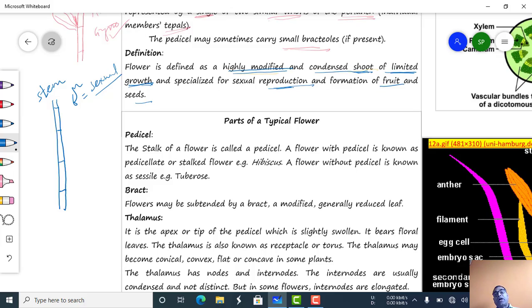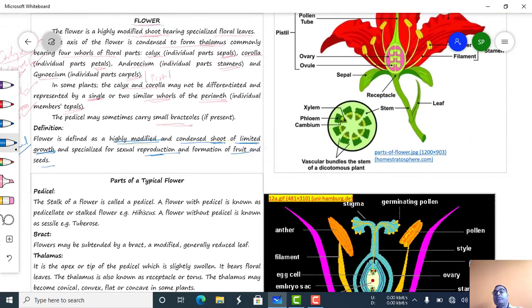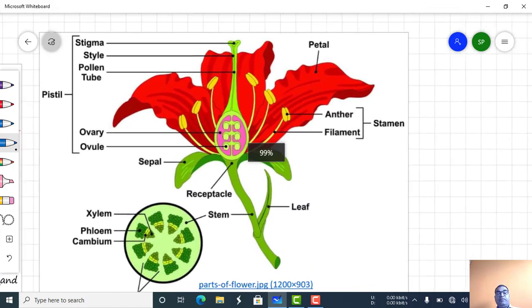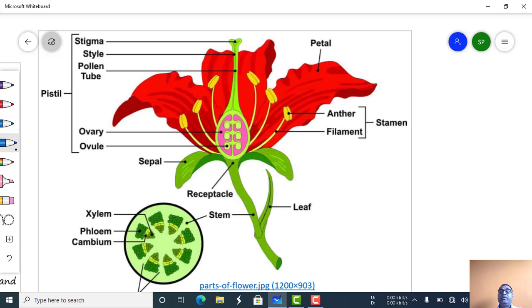Just see the parts of the flower, but before that, just see this one image. This is a part of the stem, okay, and this one represents the leaf. This is the part where the flower actually starts.